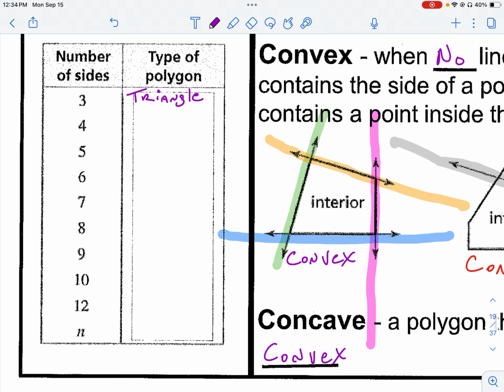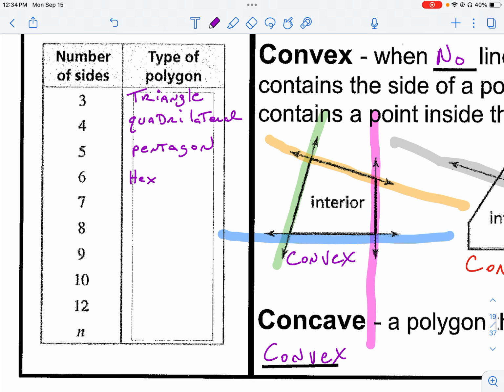If we have four sides, it is not automatically a square, but it is a quadrilateral. Quad meaning four. Five sides is a pentagon, like where the Defense Department has their headquarters, called so because it has five sides.